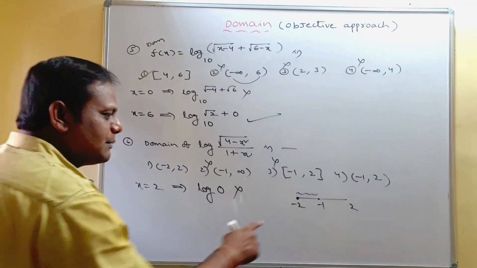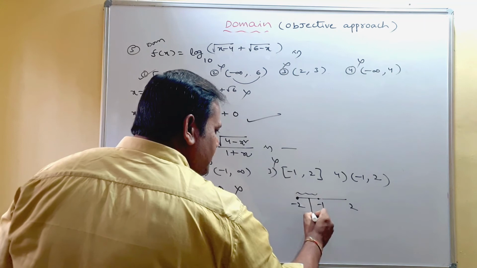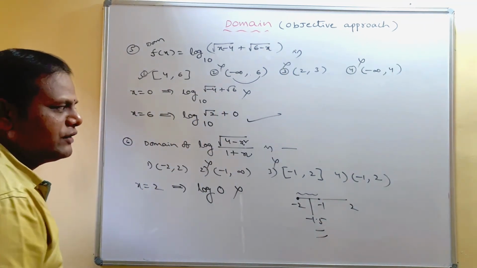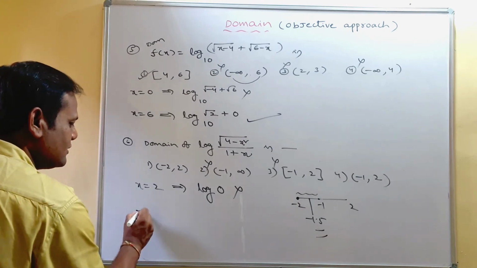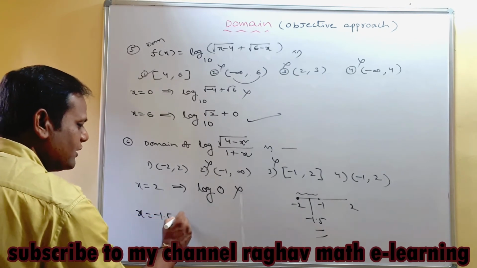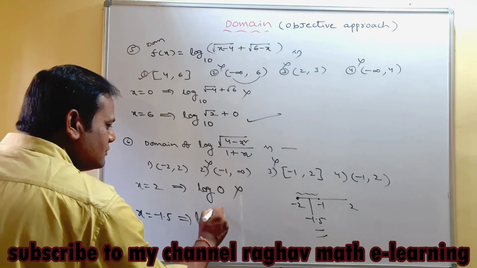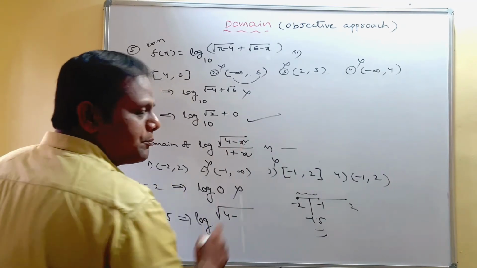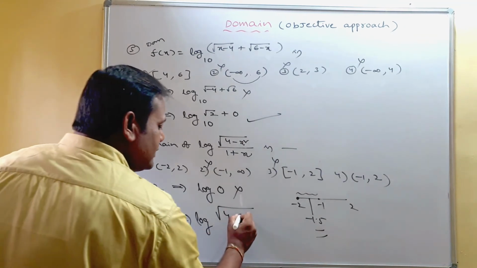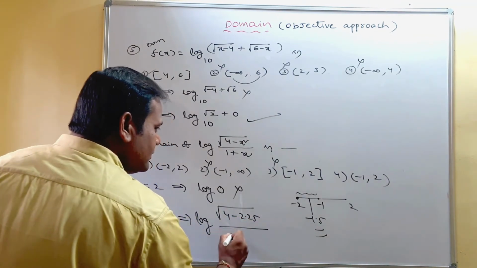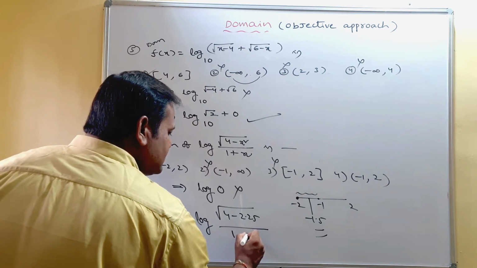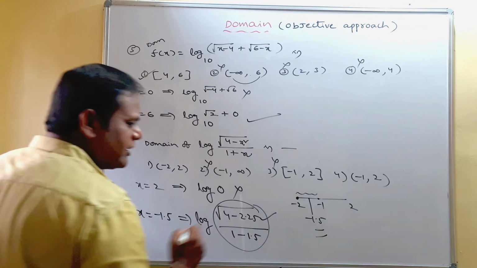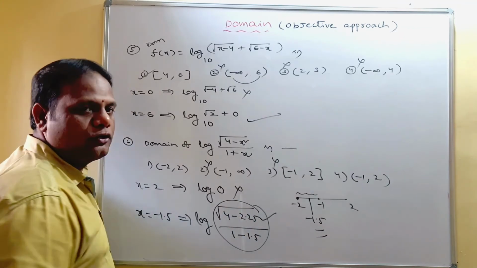Suppose I am taking here minus 1.5. Once you go with minus 1.5, what happens? You see for the function x equal to minus 1.5. Then it becomes log root of 4 minus 1.5 whole square, so it is 2.25, by 1 minus 1.5. Observe this. Numerator is positive. Why? Because 4 minus 2.25 is positive.